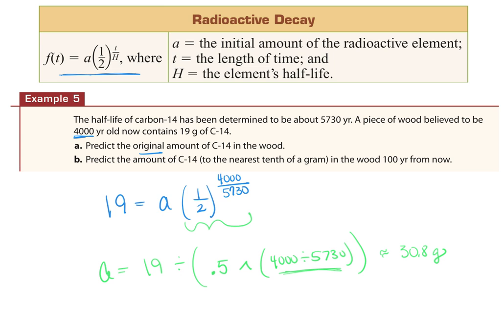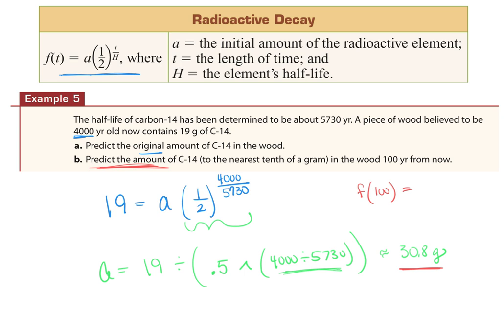If you are predicting from this point forward, you could use your initial amount of 30.8 and do 4,000 plus the 100 years. But what could you also do if you're doing from this point forward? What could your initial amount be? What you have right now, okay? So when you're setting this up to predict what you're going to have 100 years from now, you don't necessarily start there.